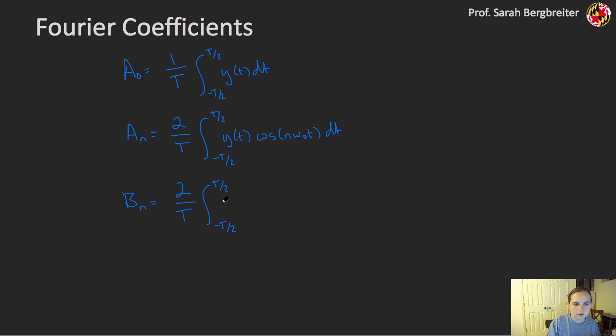So minus T over 2 to T over 2, my signal y of t times a sinusoid at that particular harmonic, so sine n omega naught t dt. Right, and so all of these can give me the Fourier series coefficients of a signal y of t. And so once again, these coefficients are ultimately going into representing that random periodic signal y of t as this summation of sines and cosines.